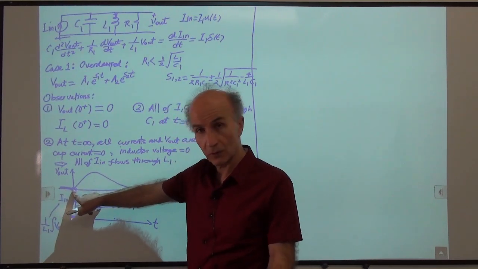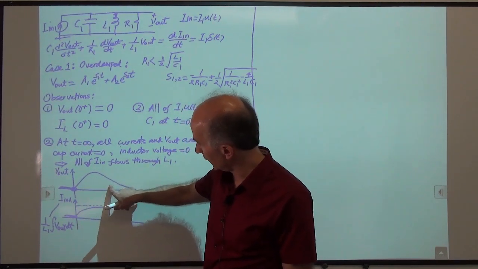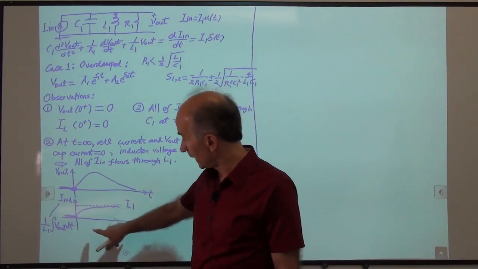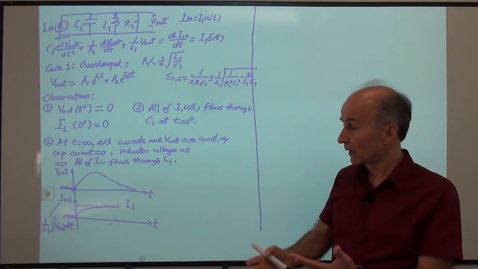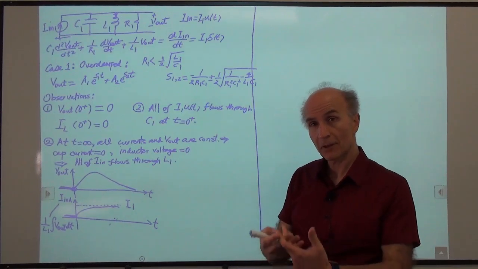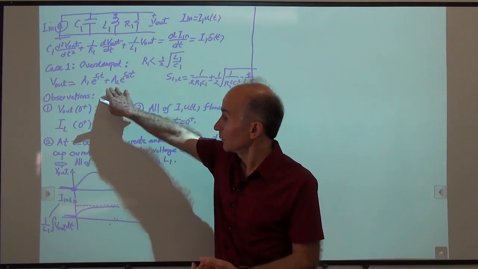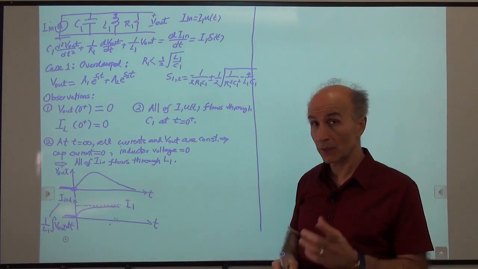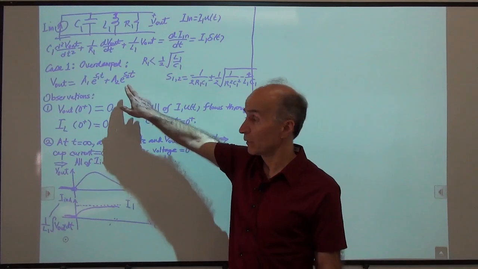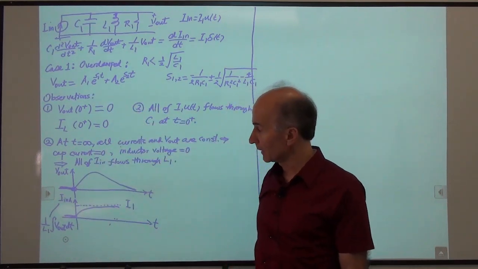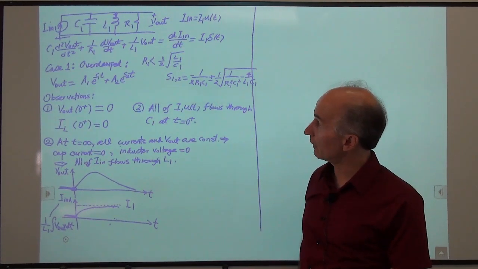If I integrate this, I get 0, no problem. If I integrate this, the area under this keeps increasing monotonically, and this current is also increasing monotonically. So there's no inconsistency here. So these two can be the responses of the system in the case of an overdamped situation. In other words, V out doesn't have to dip below and come back in the case of overdamped response.